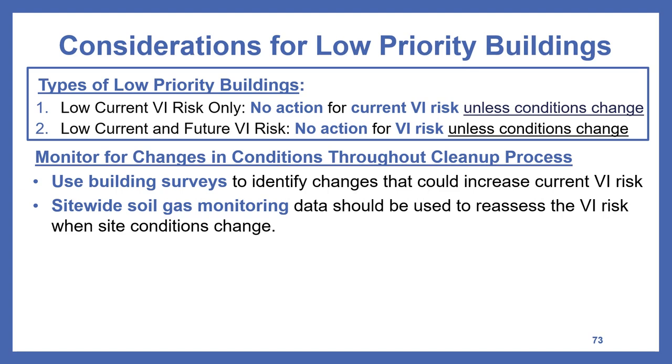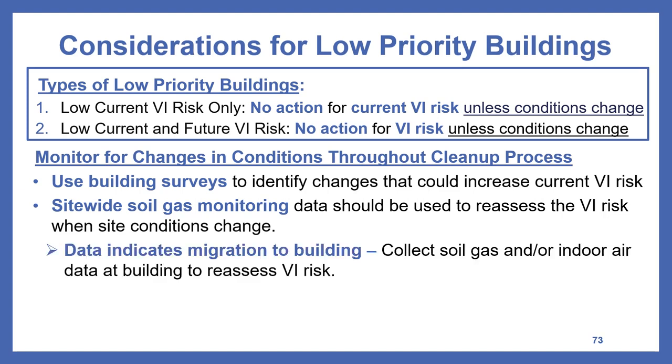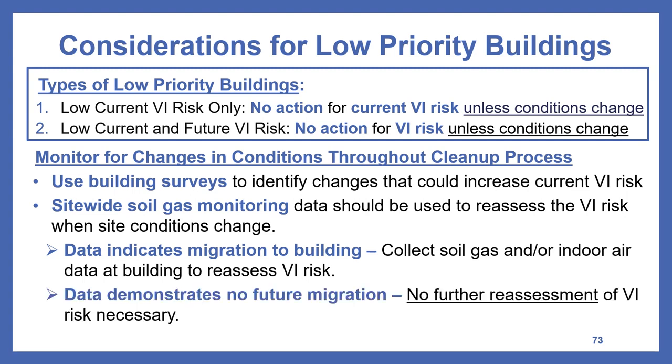So if that site-wide soil gas data indicates that the contamination is migrating towards that low priority building, you're either going to want to collect a soil gas sample close to the building or just go directly to indoor air and get the data to reassess that VI risk for the building. However, you might find over time that the site-wide soil gas monitoring shows that there's no future migration of that contamination towards the building.